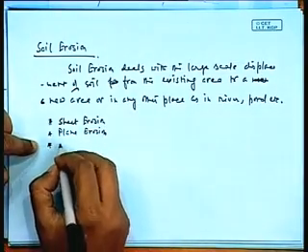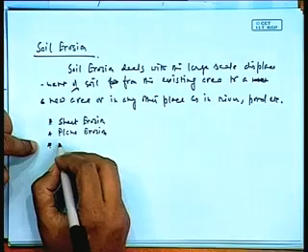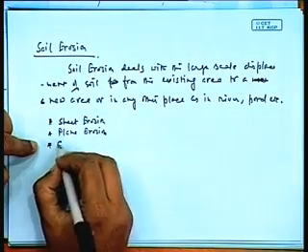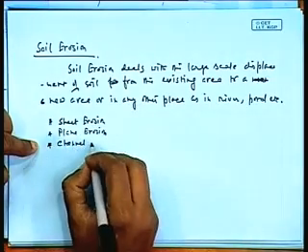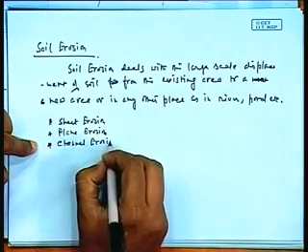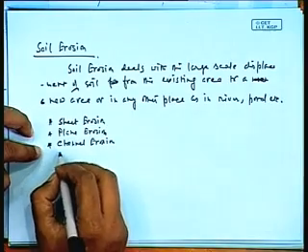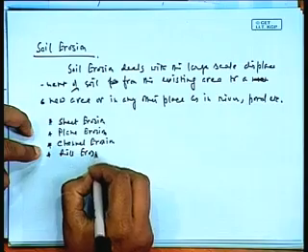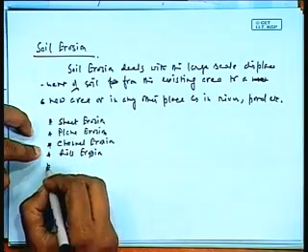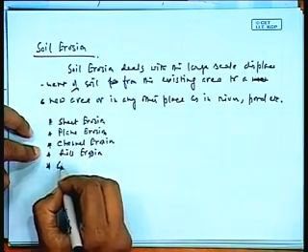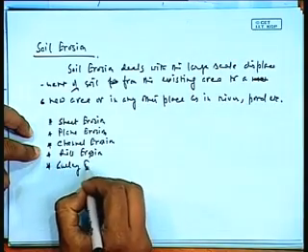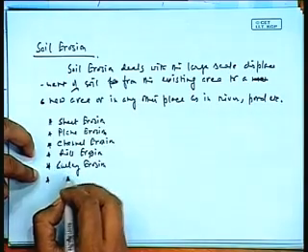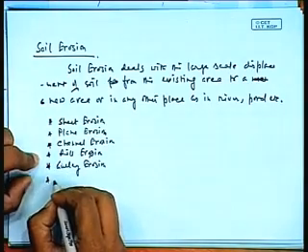The third one is channel erosion, then rill erosion, and finally gully erosion, and we would also take a little bit on landslides, which is also a part of erosion.